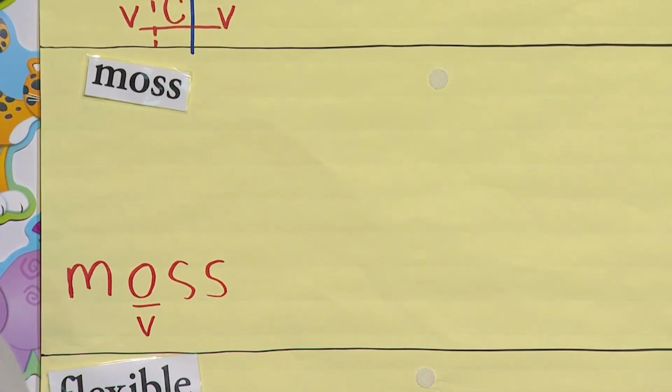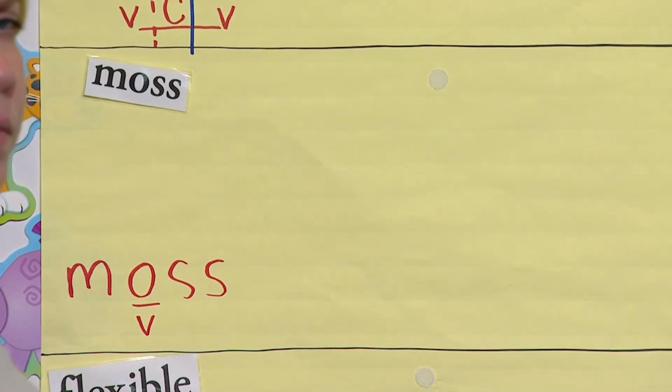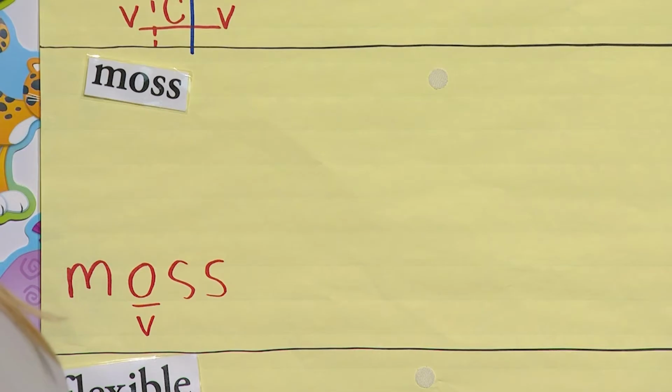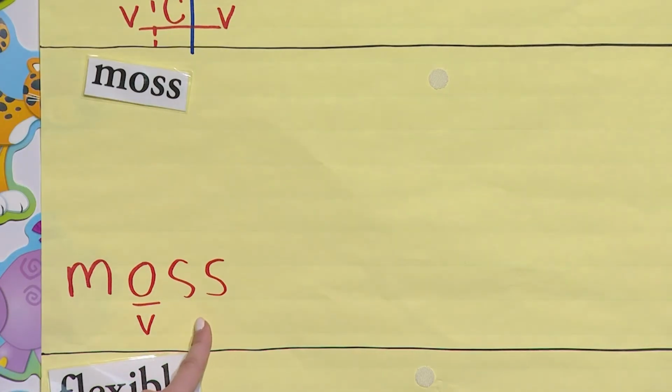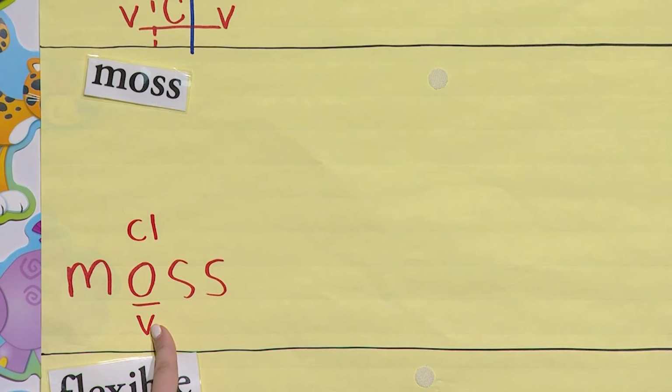What do you notice, boys and girls, after our vowel? That's right. Our vowel is followed by two consonants. So we know that this is going to be a closed syllable, and our vowel sound will be short when we read. Can you help me blend this word?